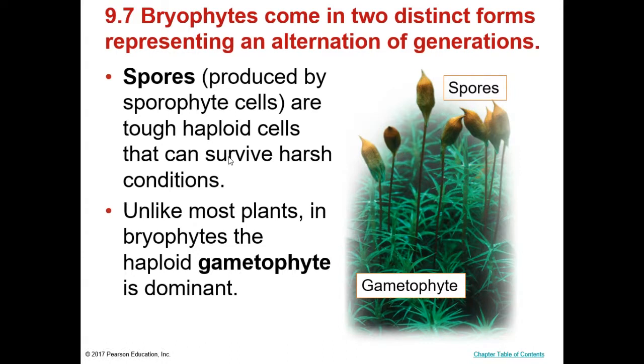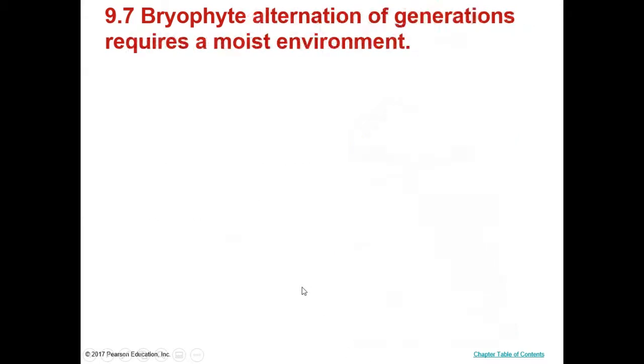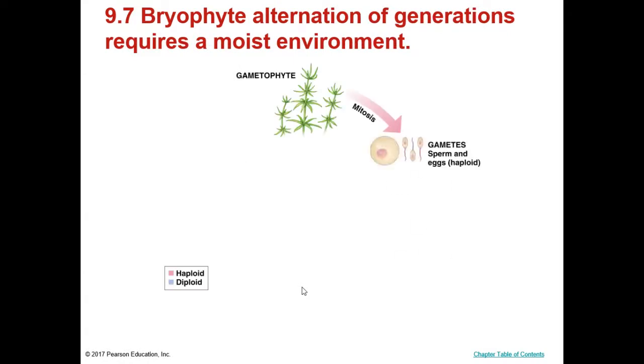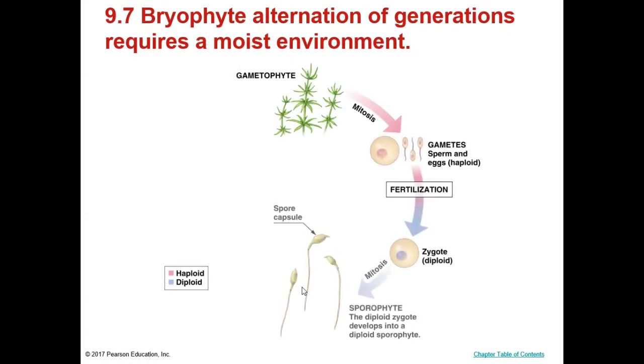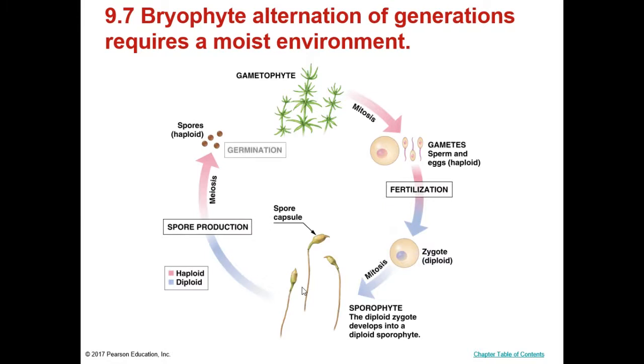Okay, so unlike other plants, bryophytes have haploid gametophytes, right? So a gametophyte is a part of the plant life cycle which allows them to survive and reproduce and give rise to sporophytes, which are essentially the diploid state of plants.